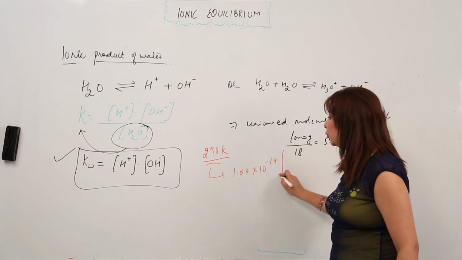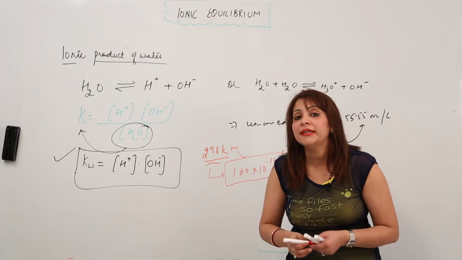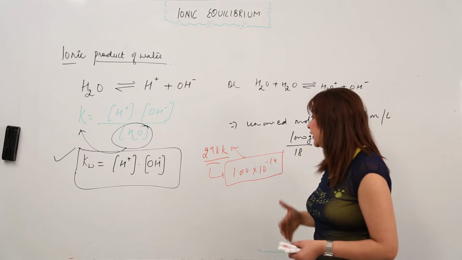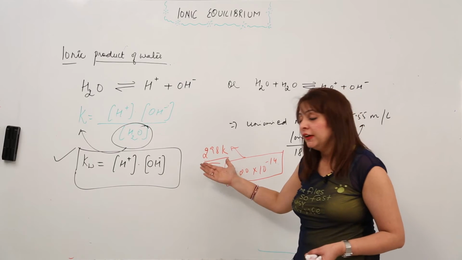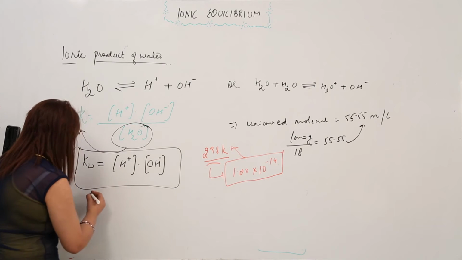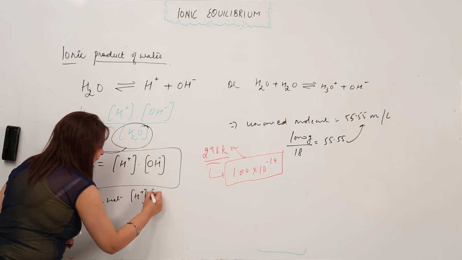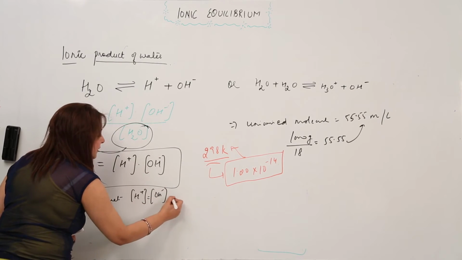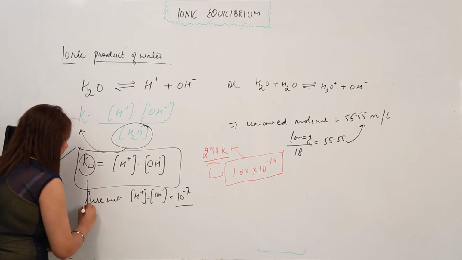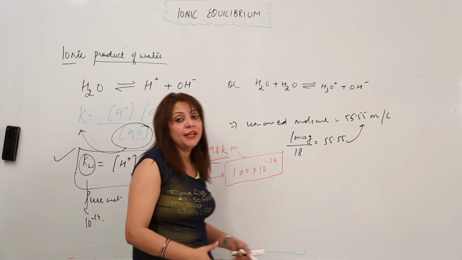This is the value we get at normal temperature, 298 Kelvin. For pure water, the concentration of hydrogen ion and hydroxide ion are the same, so we take each as 10 raised to power minus 7, because Kw is 10 raised to power minus 14.